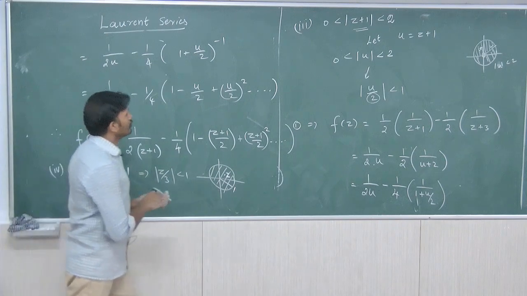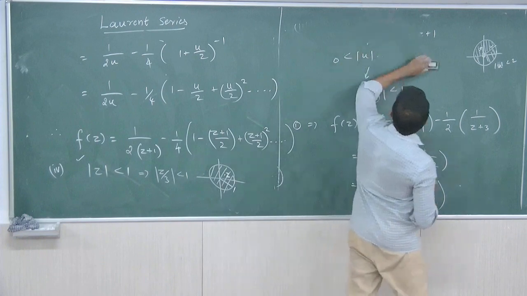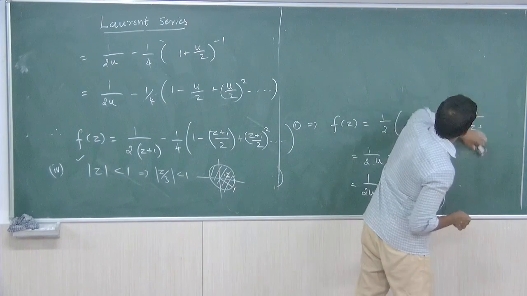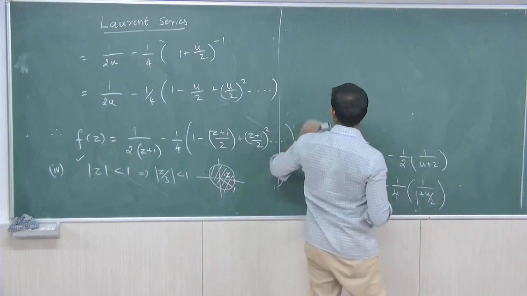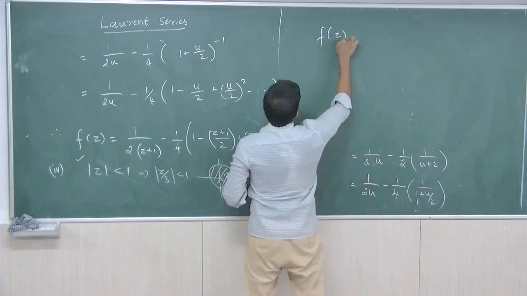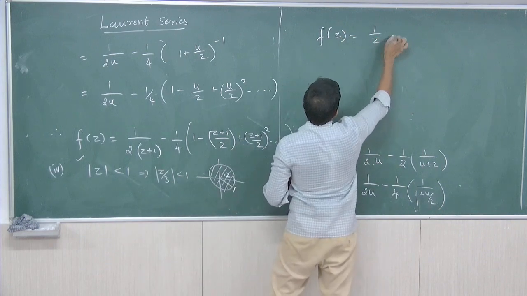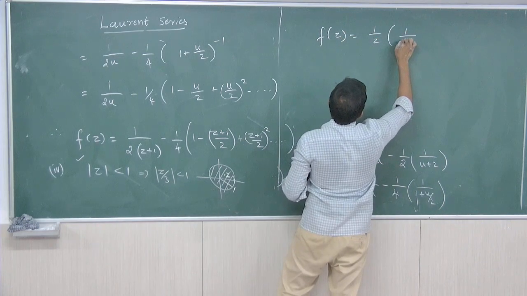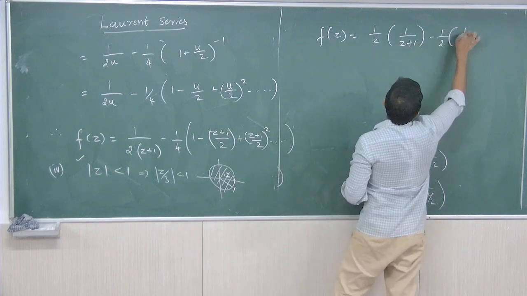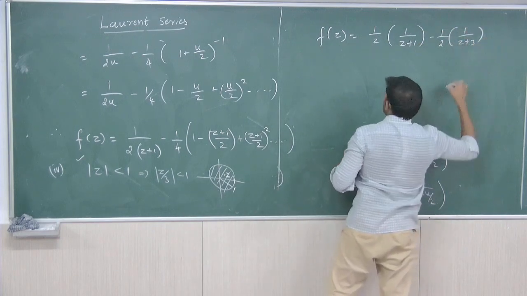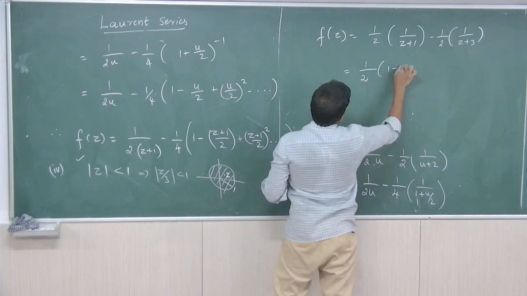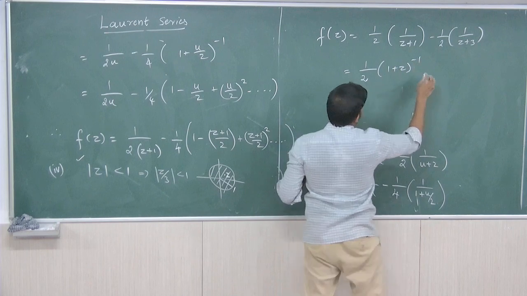So last one, therefore I am going to expand f of z equal to 1 by 2 into 1 by z plus 1, minus 1 by 2 into 1 by z plus 3. I am going to rewrite it as 1 plus z whole power minus 1.